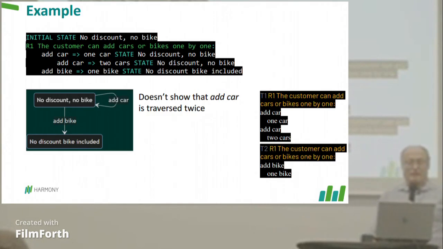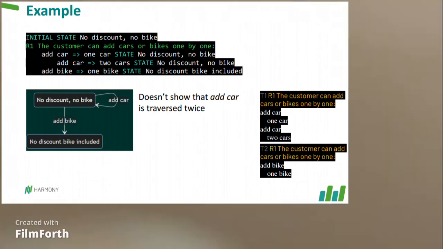We start with the initial state, and here is the label. To that we can add a car or a bike one by one, and you can see that we can add 2 cars and we will remain at the same state, or we can add the bike. This will be a different test.